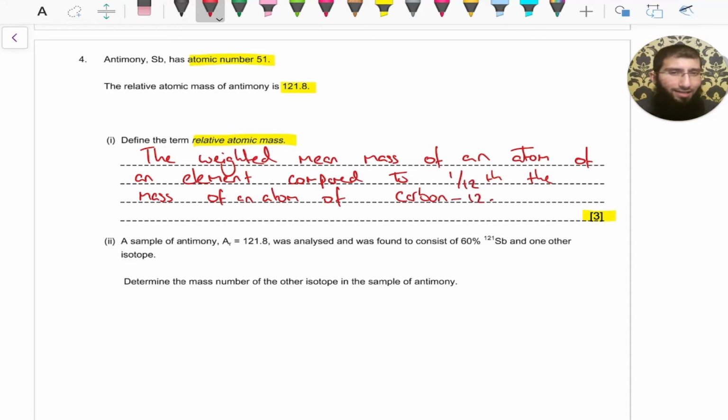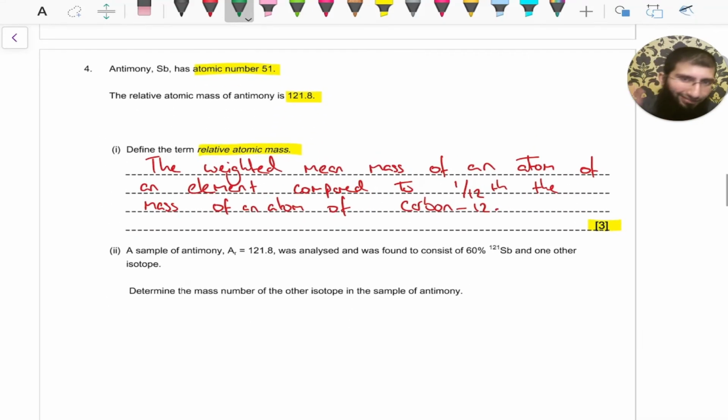And if you're wondering why is it carbon-12, well, carbon-12 has 12 nucleons, in other words 6 protons, 6 neutrons, so it's compared to 1 nucleon, of which protons and neutrons are not exactly the same mass, but they're assumed to be. It's simply a definition.